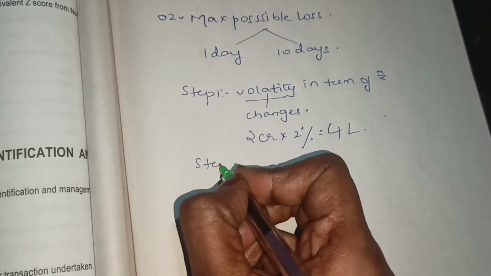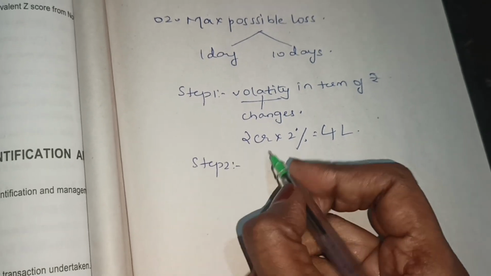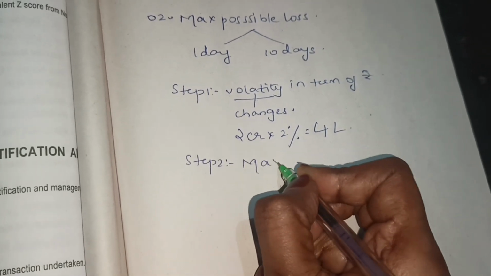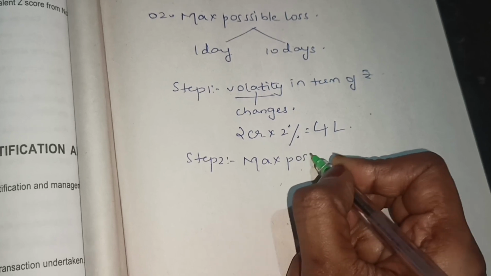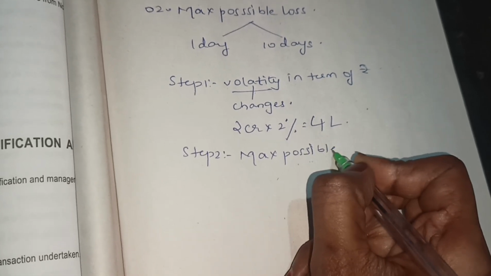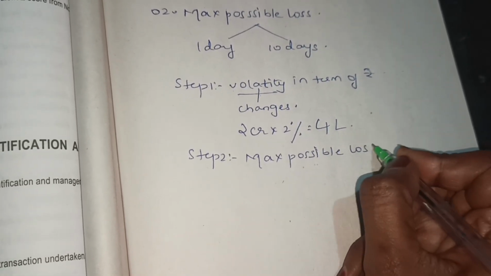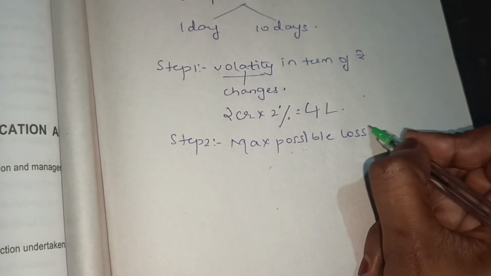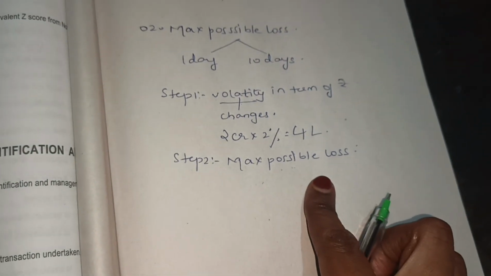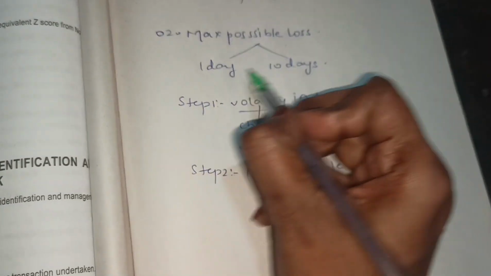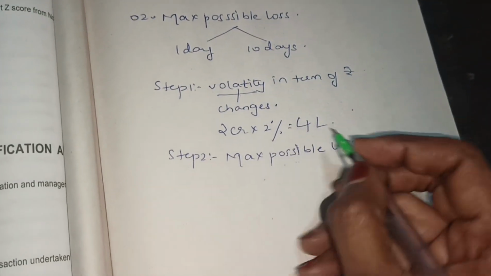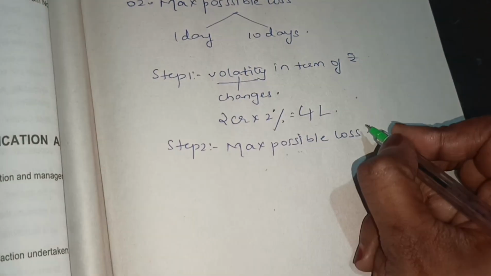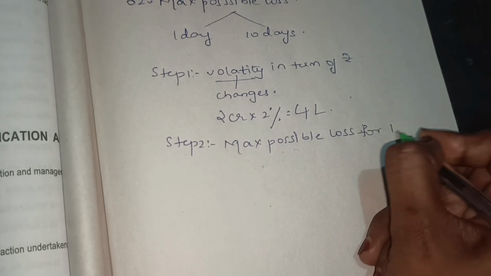Now step 2 is, we will be calculating maximum possible loss. We are expected to find maximum possible loss for 1 day as well as for 10 days. So first I will be calculating maximum possible loss for 1 day.